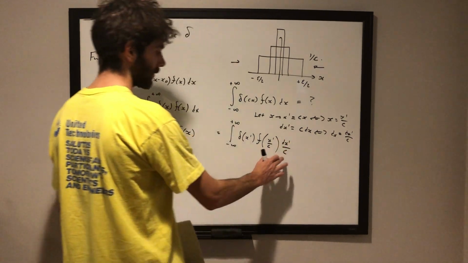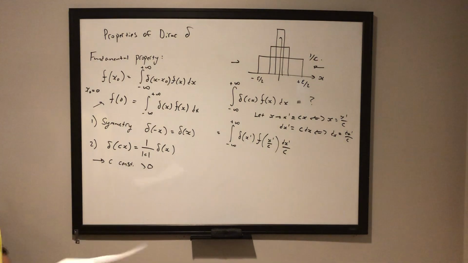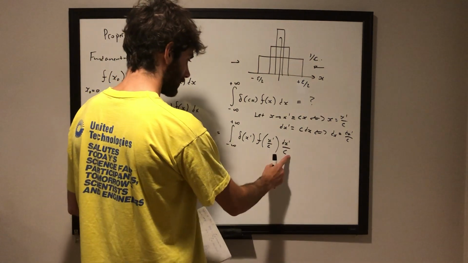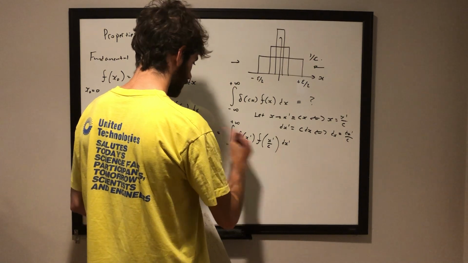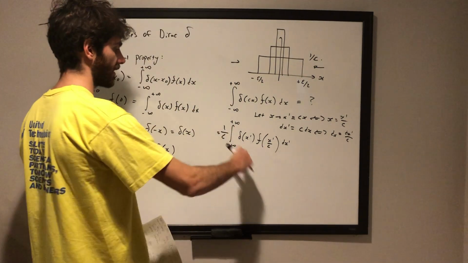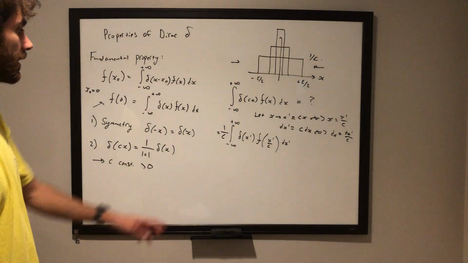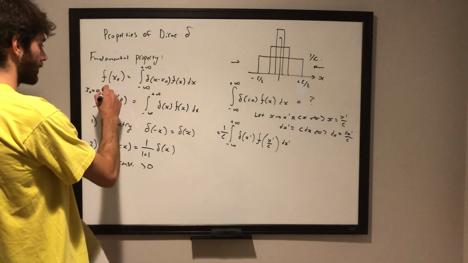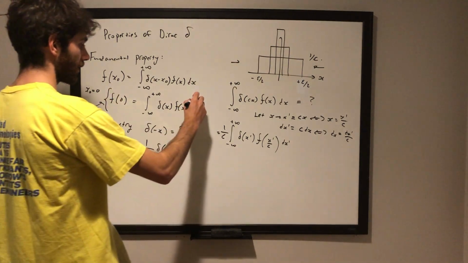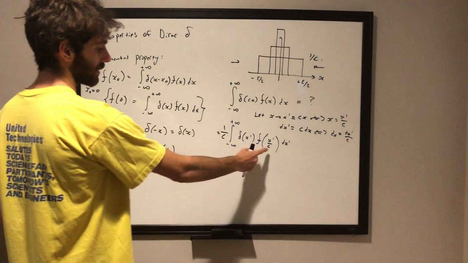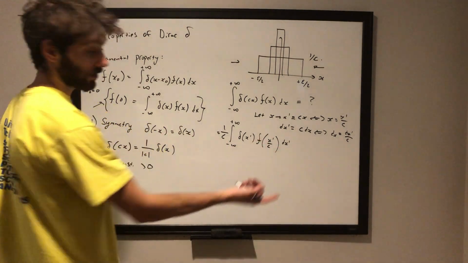So we already are seeing where this factor of 1 over c emerges. And if I just pull it outside of the integral, we can go right ahead and evaluate this, because it's of the exact same form as this relation here. It's just that now our function f of x has a slightly different argument.